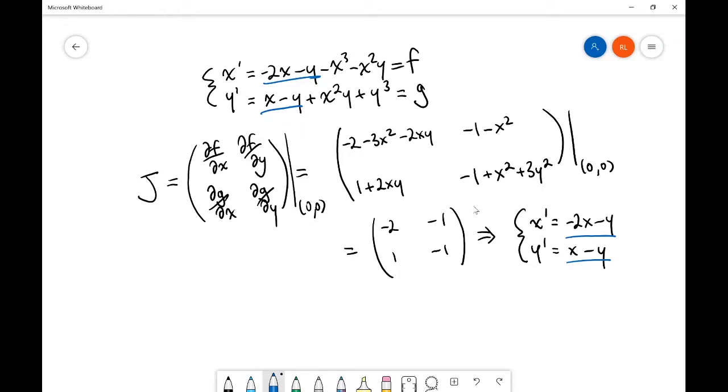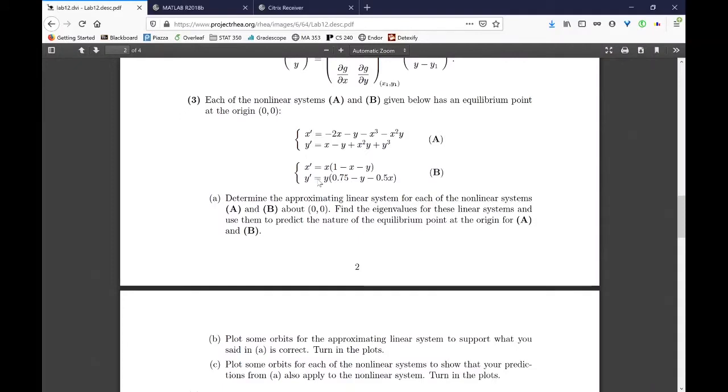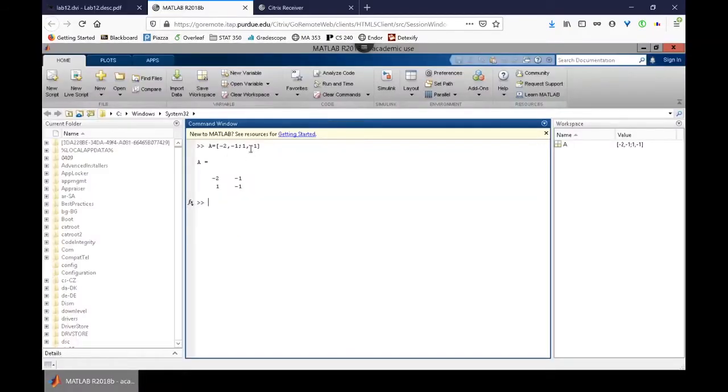Okay, so now find the eigenvalues for these linear systems and use them to predict the nature of the equilibrium point at the origin. So again, we're just going to use MATLAB. Here you can see that we have our matrix, -2, -1, 1, -1, and we're going to find the eigenvalues and eigenvectors.